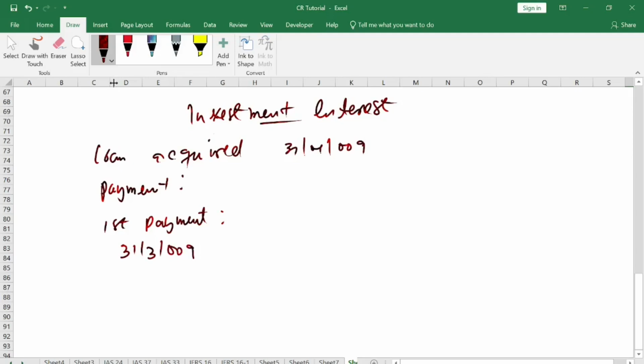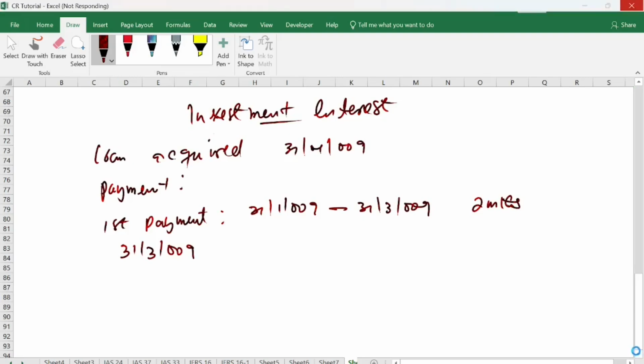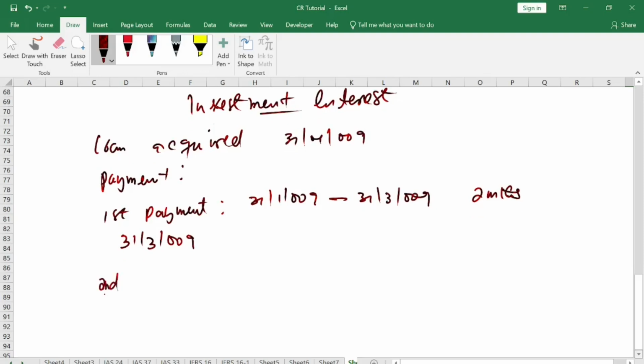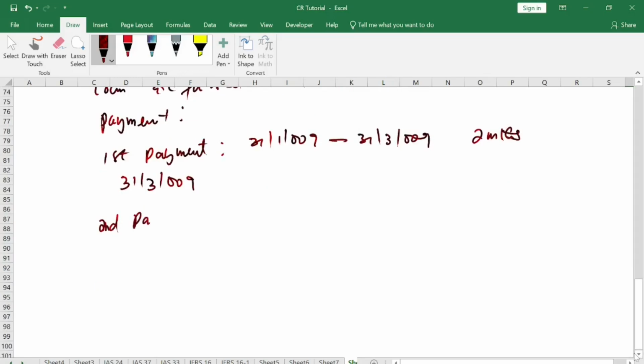If the first payment was made on 31st March 2009, then from 31st January 2009 to 31st March 2009, the money was sitting idle. How many months? 2 months. So invest the money. Now the second payment was made on 30th April 2009, right?